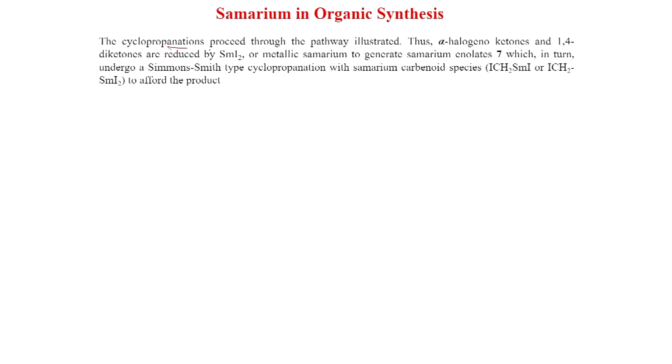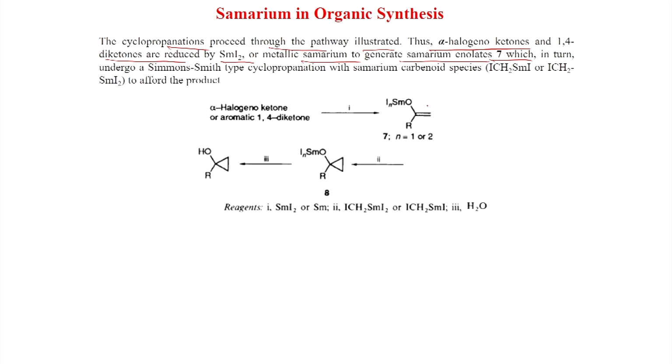So, the cyclopropanations proceed through the pathway illustrated. The alpha halogenoketones and 1,4-diketones are reduced by samarium iodide or metallic samarium to generate samarium enolate 7. So, this is the samarium enolate, this is important, which in turn undergoes a Simmons-Smith type cyclopropanation with samarium carbenoid species to afford the product.